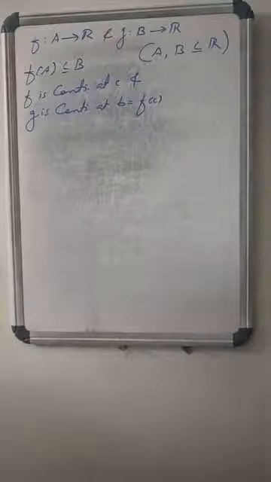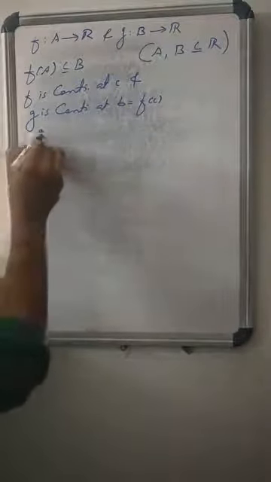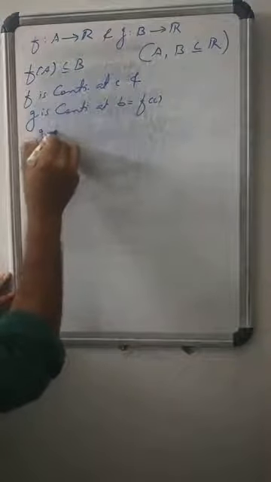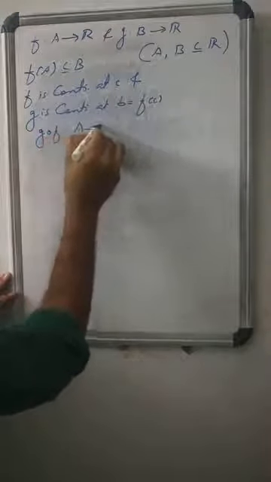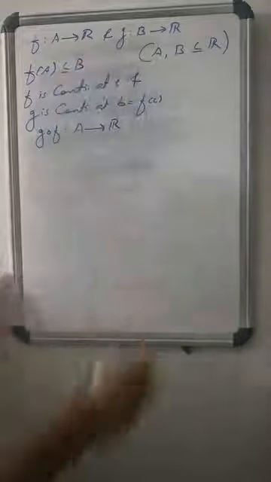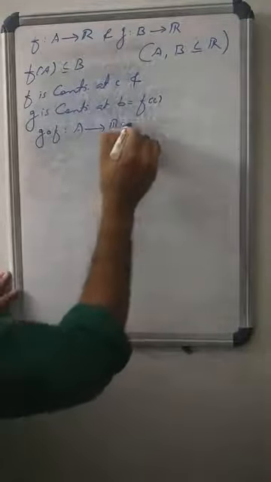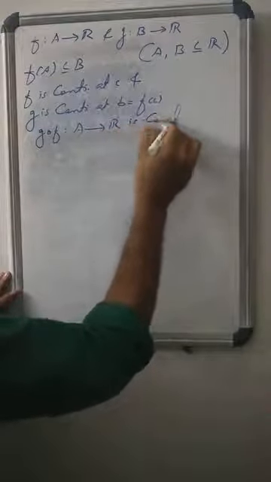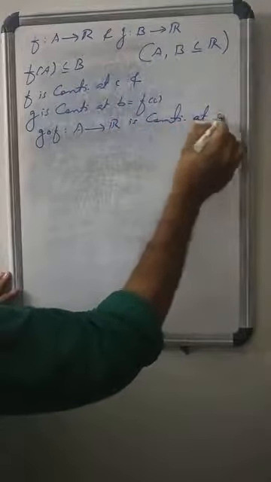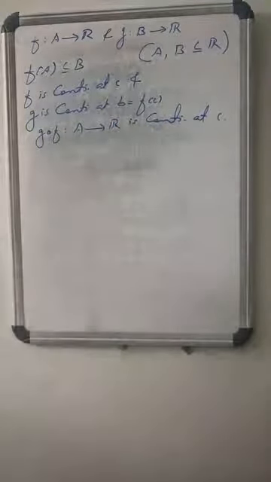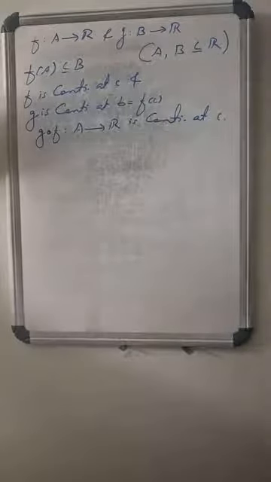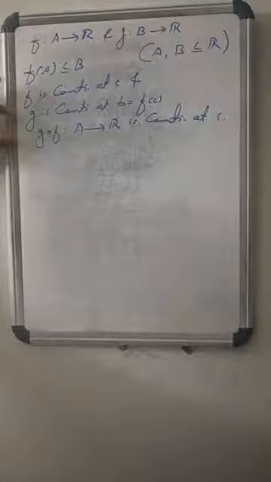Then the composition function g composition f from A to R is continuous at c. This is another important result. That is, the composition of two continuous functions is continuous.